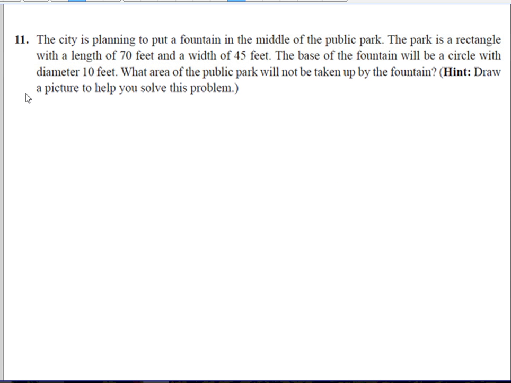The city is planning a fountain in the middle of a public park. The park is a rectangle, and the dimensions are 70 by 45. Let's give ourselves our park, green for the beautiful grass, and we have it 70 by 45.